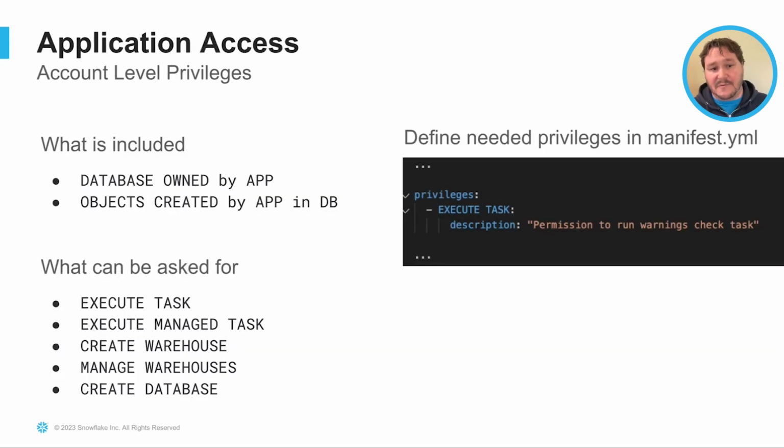Moving on to account level privileges, as we said, the application can do nothing other than work with the objects that it has created inside of itself. Now, you can see here we have a very small list of privileges you can ask for at the moment. In the case of the Chairlift app, it needs to be able to run a background task.